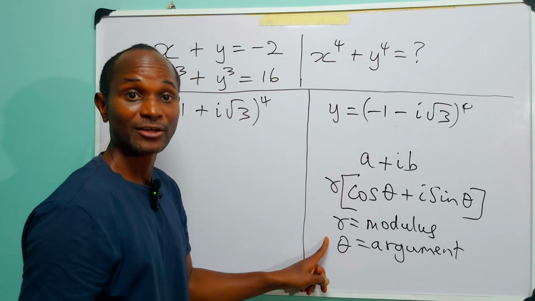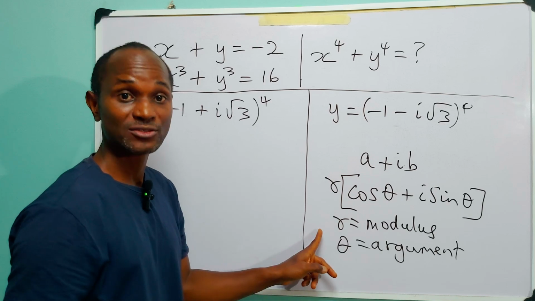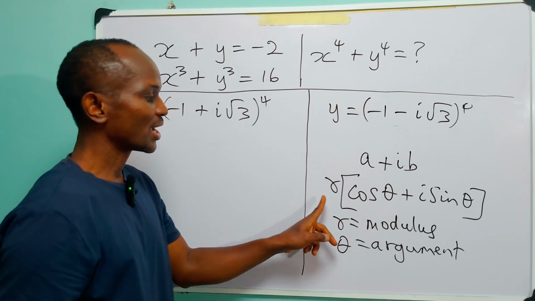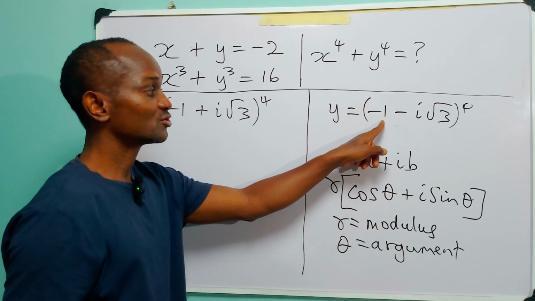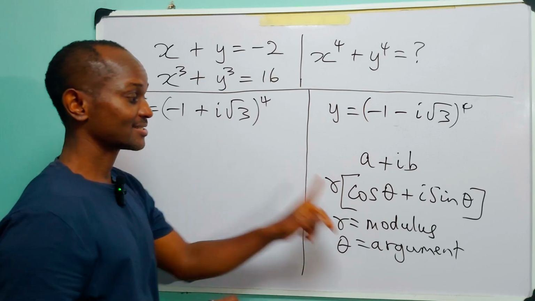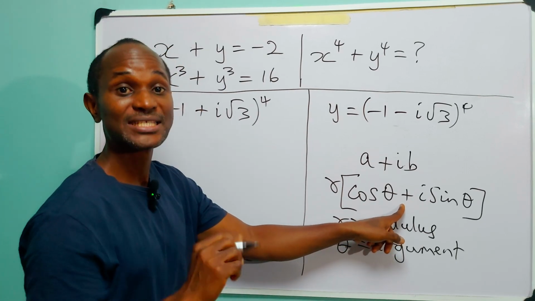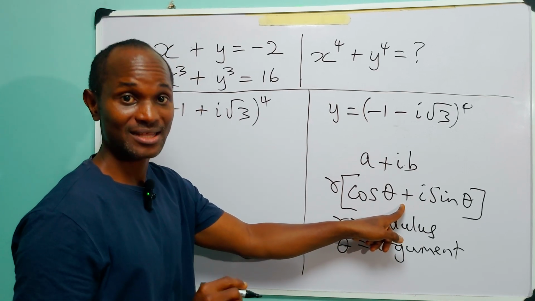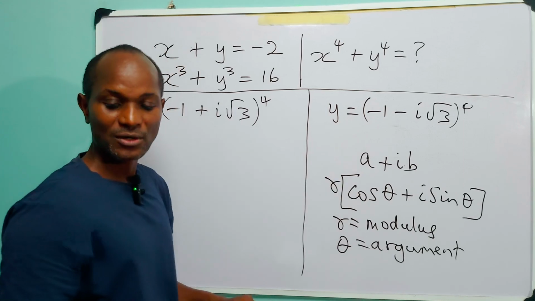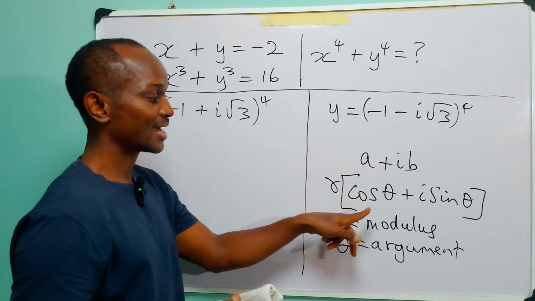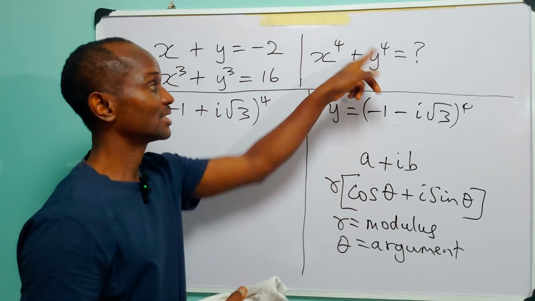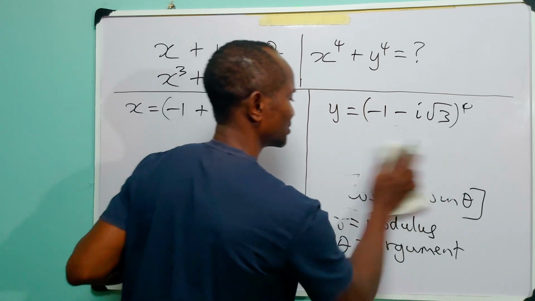The modulus and the argument are very easy to calculate. So the best thing for us to do is to change both y and x to its polar form, and you will see why I said that it's the best thing for us to do. So without wasting time, let us change x and y to their polar form and then calculate this and finish the computation.